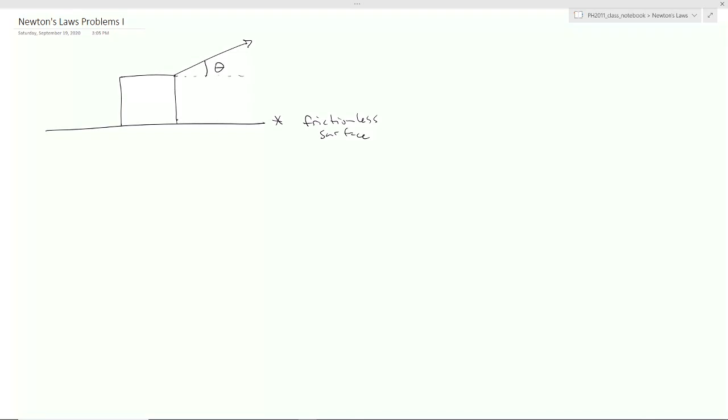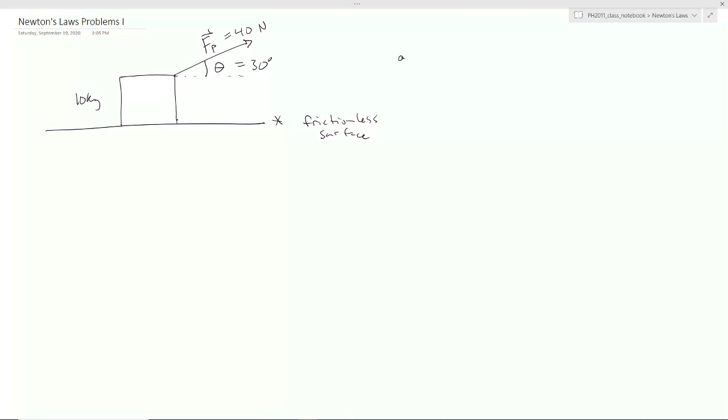And we're imagining there's some pulling force here that has a magnitude of 40 newtons. And this angle theta is going to be 30 degrees. The block has a mass of 10 kilograms.